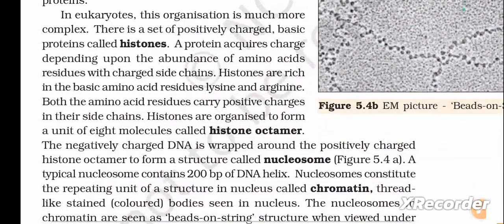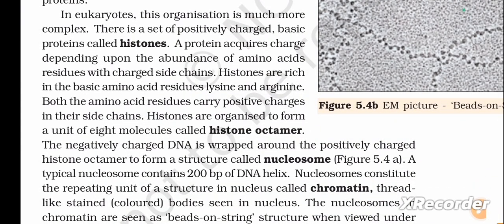Histones are rich in basic amino acid residues lysine and arginine. Both the amino acid residues carry positive charges in their side chains. Histones are organized to form a unit of 8 molecules called histone octamer. The negatively charged DNA is wrapped around the positively charged histone octamer to form a structure called nucleosome.